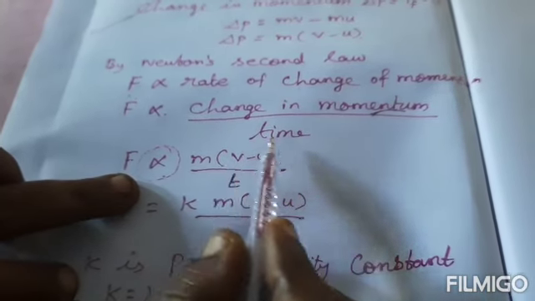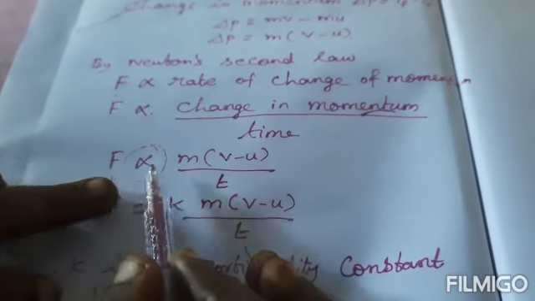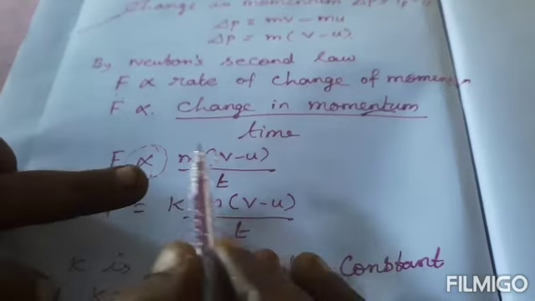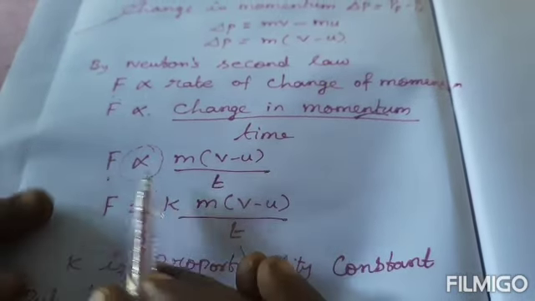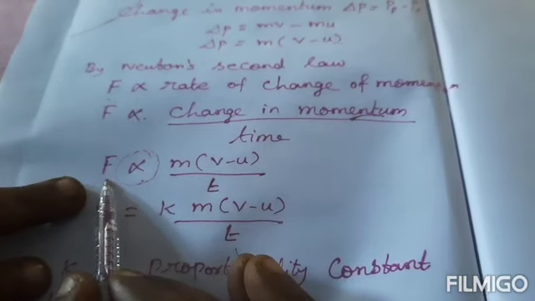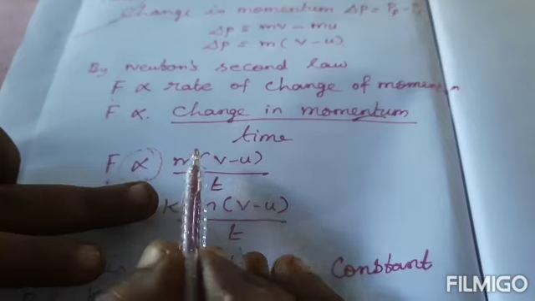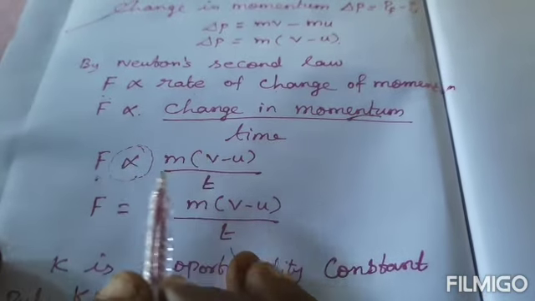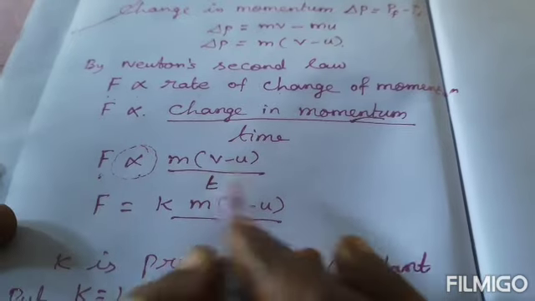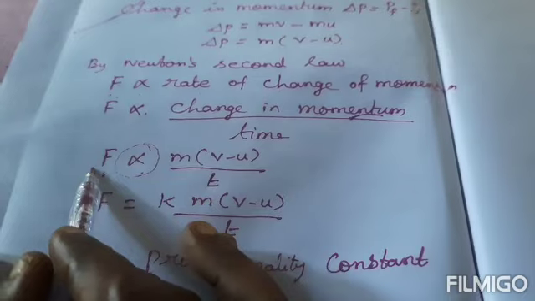This is only rate of change of momentum. The force acting on a body is directly proportional to the rate of change of momentum of the body, and the change in momentum takes place in the direction of force.